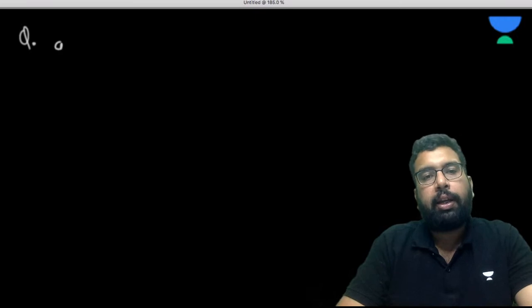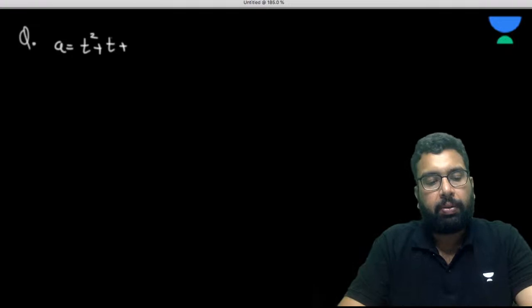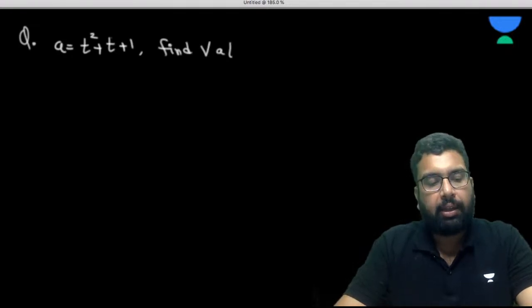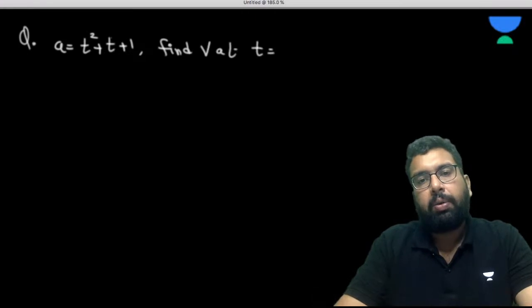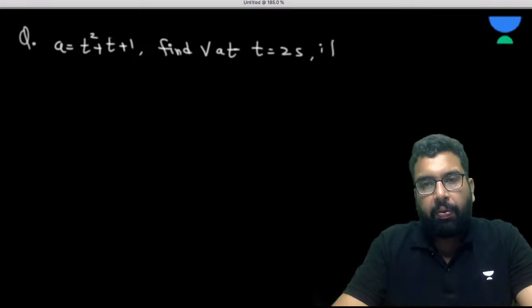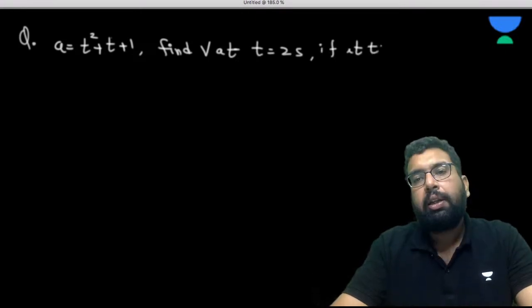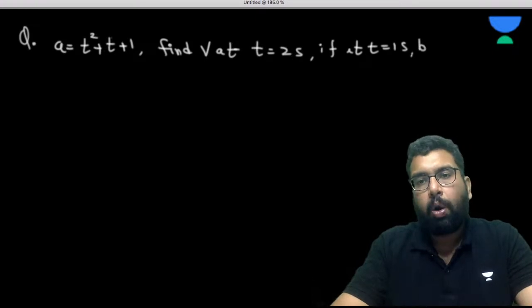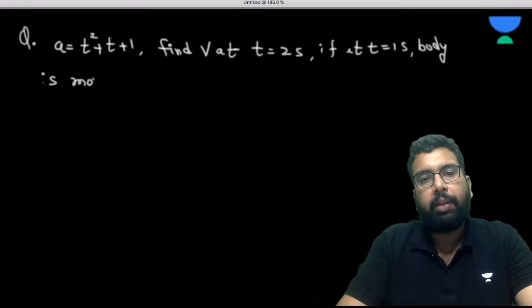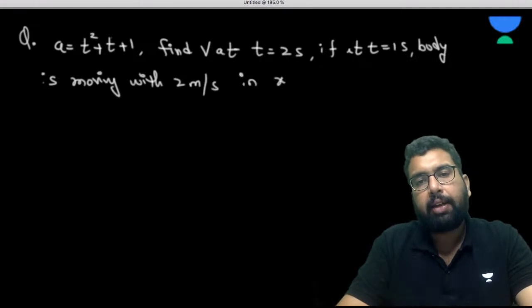Let's suppose a is equal to t square plus t plus 1. Find v at t is equal to 2 seconds, if at t is equal to 1 second, the body is moving with 2 meter per second in x direction.